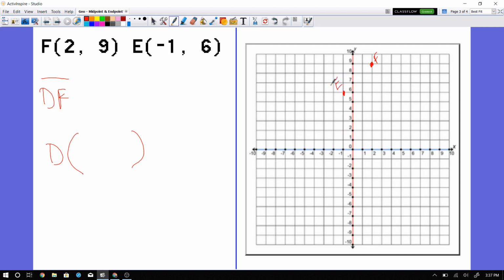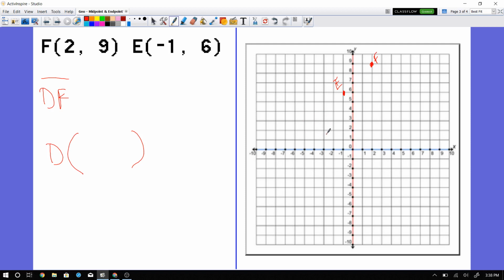E. Okay, now we're looking for D. We're making the educated decision, or guess, or conjecture, or hypothesis that we're going to have a line that starts with D and ends in F, and E is the midpoint. If E is in the middle, then D is not going to be over here because that would put F in the middle. So F, E, D should be around in here.